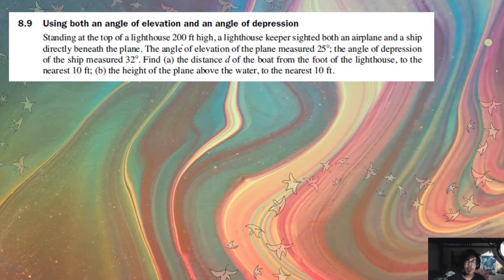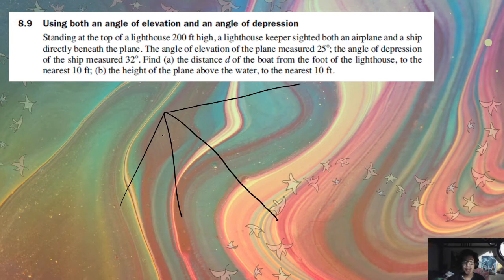Standing at the top of a lighthouse 200 feet high, a lighthouse keeper sighted both an airplane and a ship, directly beneath the plane.